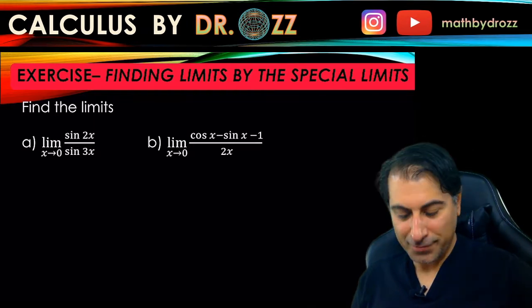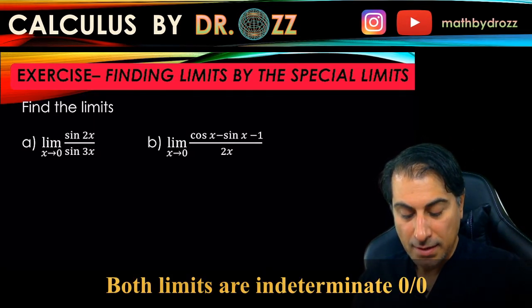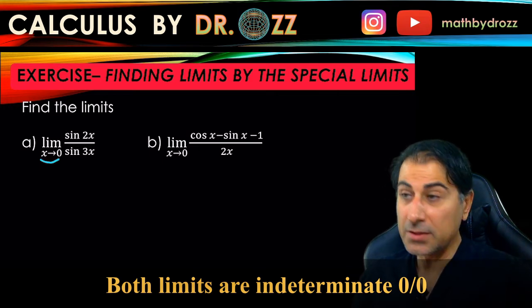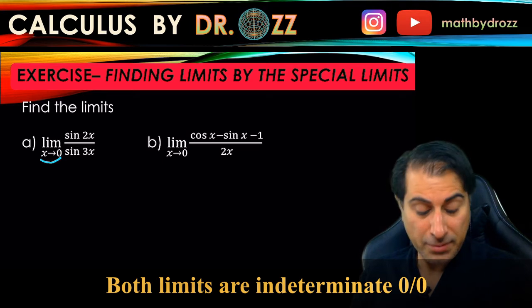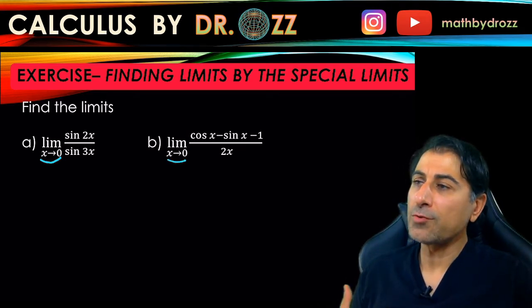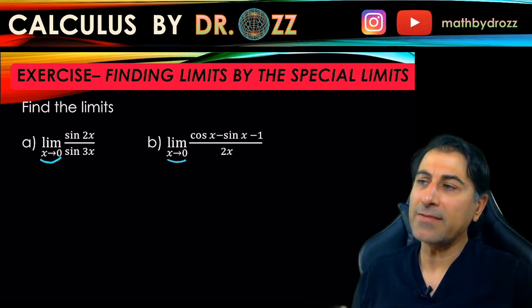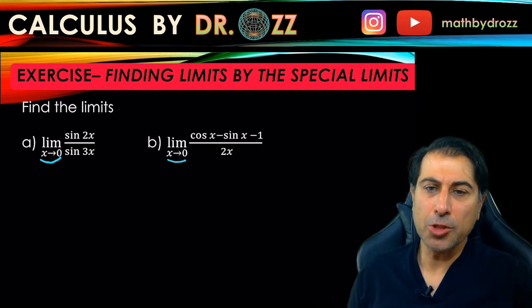Right, first off, to be able to use any of the special limits, we must have the limit of a function as x approaches 0, and that's the case in part A, and in part B it's the same deal. So we have sine x over x as a special limit, but we have sine 2x over sine 3x. Can we make the given function look like a sine x over x type limit?